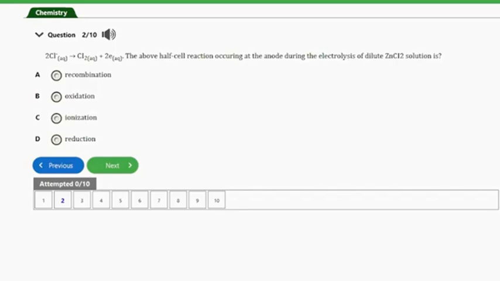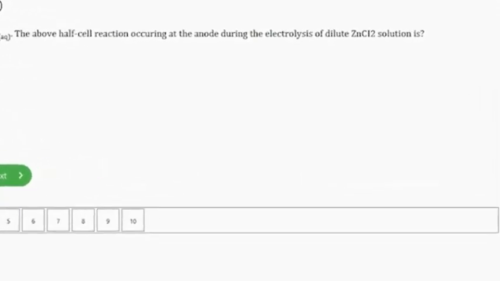Let's recall that oxidation is electron loss. I'll just zoom in right here to illustrate this for you, so you also remember again. I always like to think that reduction is electron gain, oxidation is electron loss.